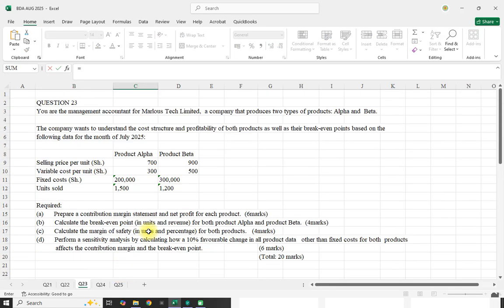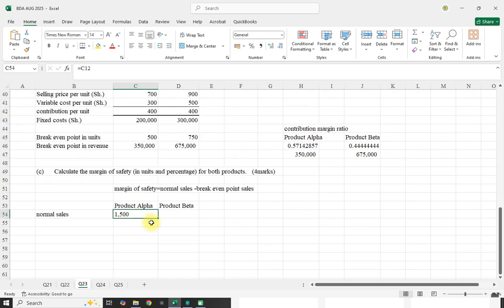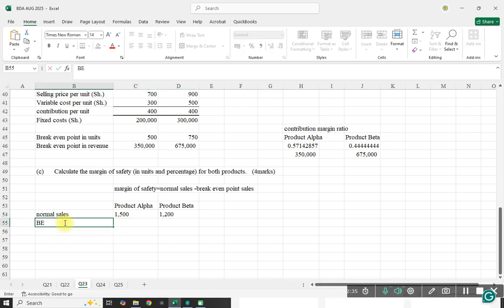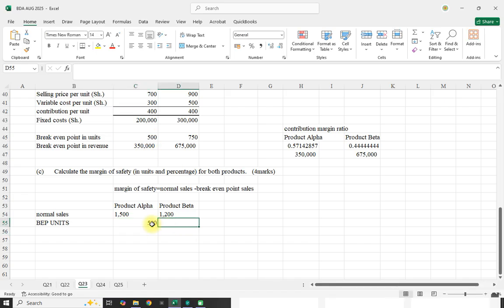The units sold: we sold 1,500 and the other one we sold 1,200. And the BP units, here we had 500 and here we had 750, that way.